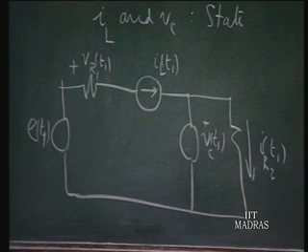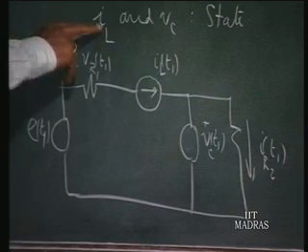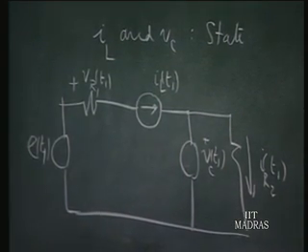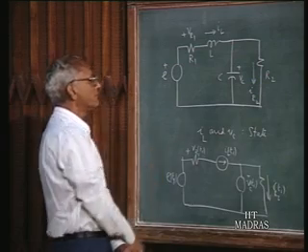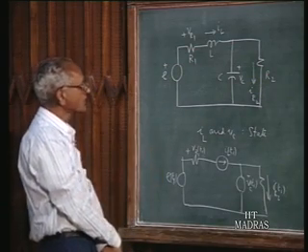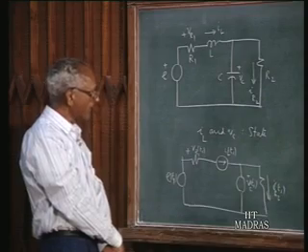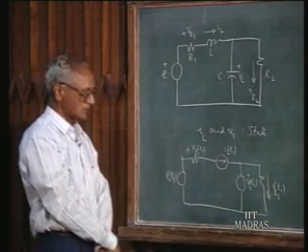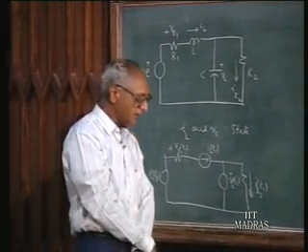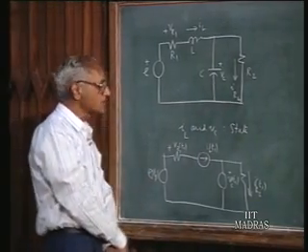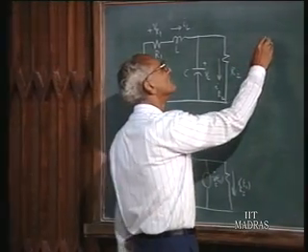As seen in this example, the state is described by a set of dynamically independent variables, IL and Vc in this particular case. In general, we have in a given system or a network, the state is described by n dynamically independent variables, and these are called state variables.